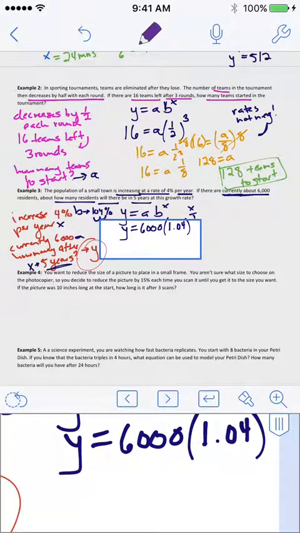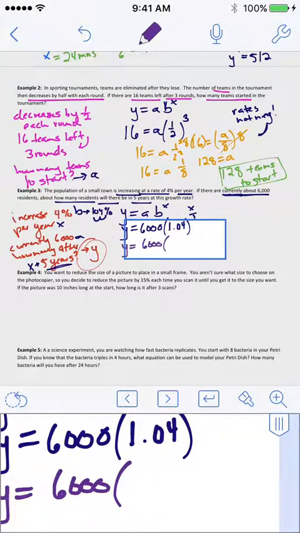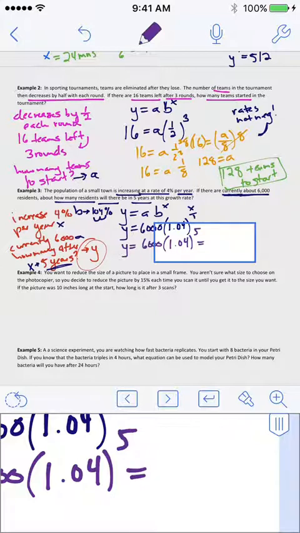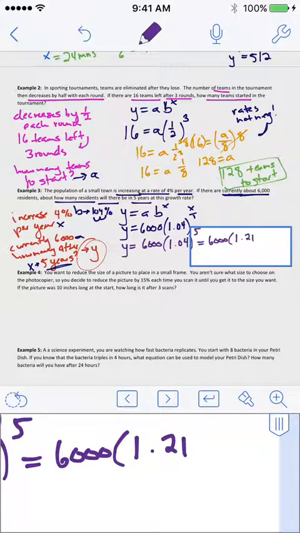So y is equal to 6,000 times 1.04 to the 5 over 1, or just 5, right? And of course, I will take the exponent first before I try to multiply. 1.04 to the 5th is 1.2166..., times that by 6,000.